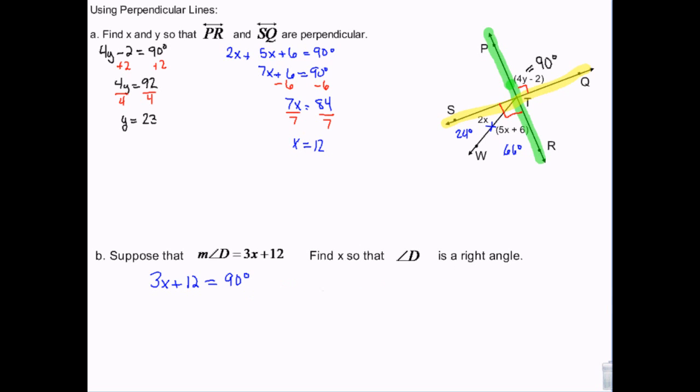And then solve it from there. And you get that 3x is equal to 78. Didn't we already do this one? And x would be equal to 26. So as long as x is 26, that would be a right angle.